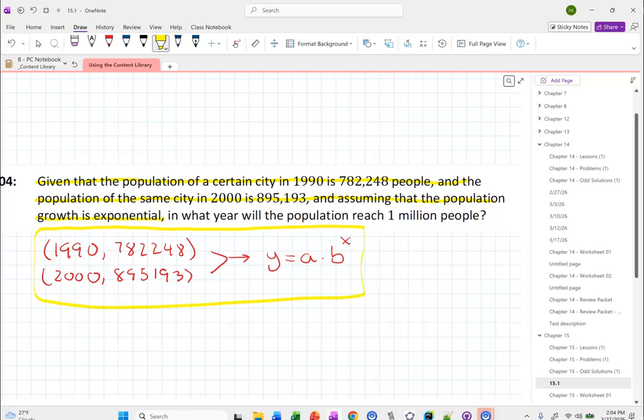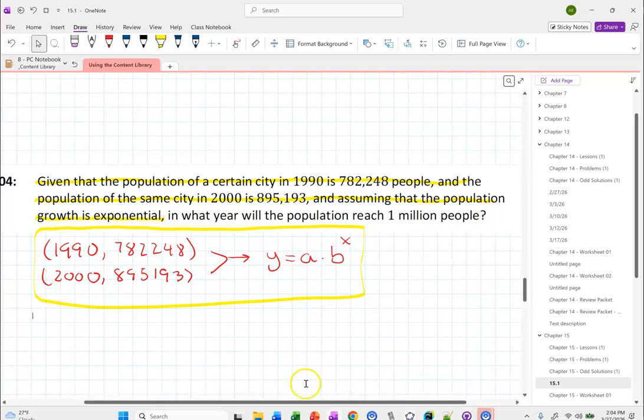Everybody's okay there? I see 2 points. Date and pop, another date, another pop. That's like an X and a Y. That makes sense, right? What's going to be the best way to write that equation? The easiest way to do it is to use the calculator. That's what I'm going to do.